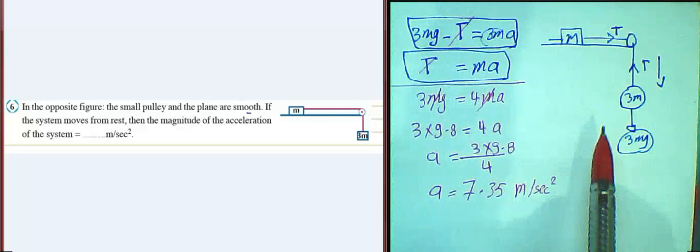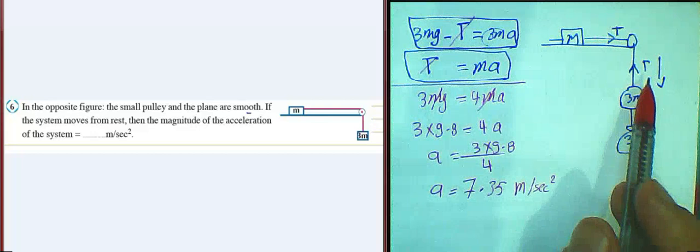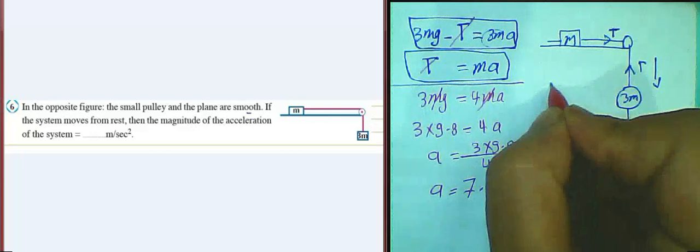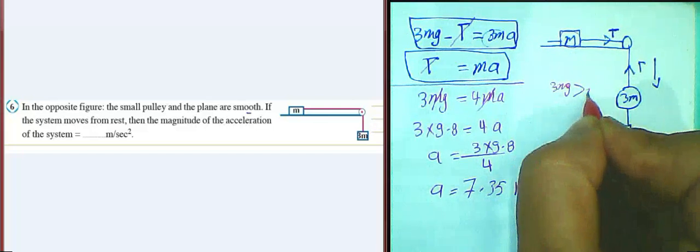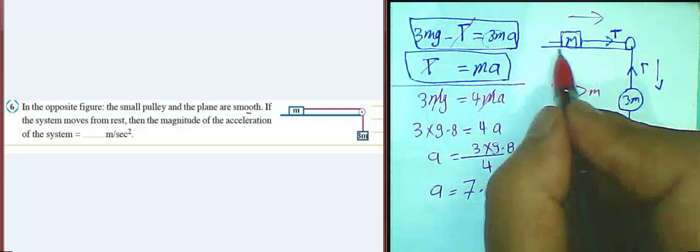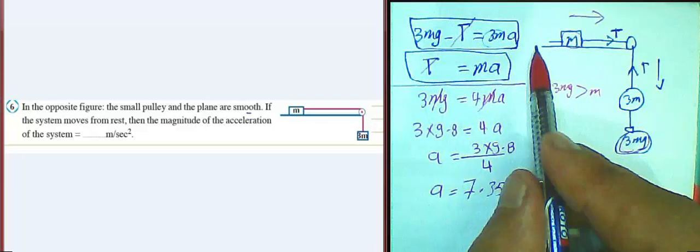Why are we doing this? Because it's moving down, because 3mg, this weight, is more than this weight, so the motion will be from left hand side to right hand side.